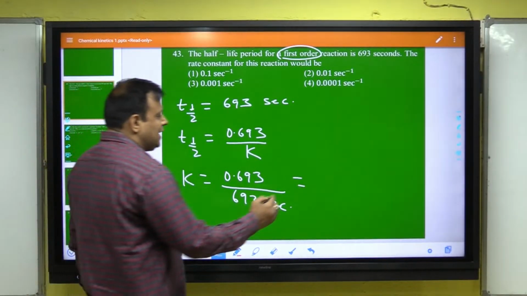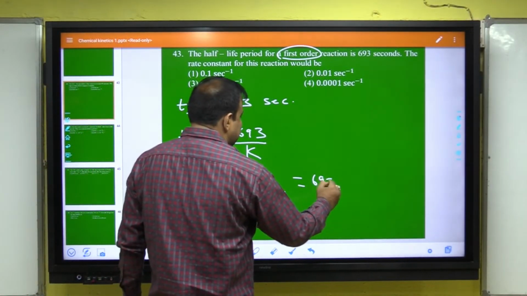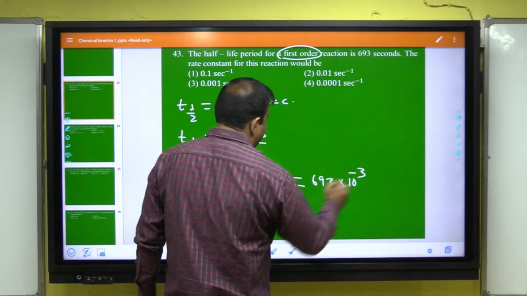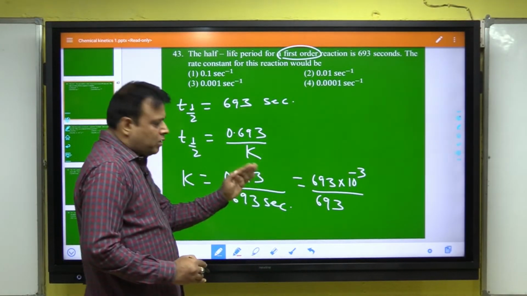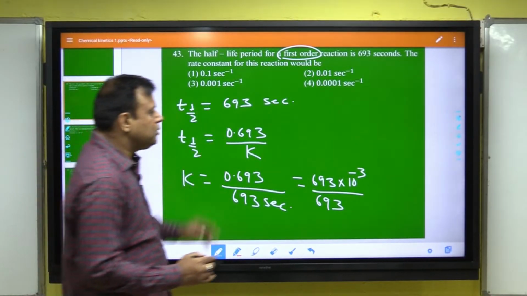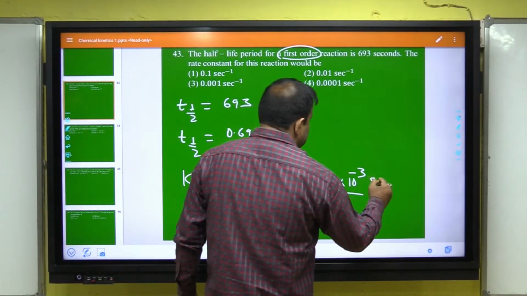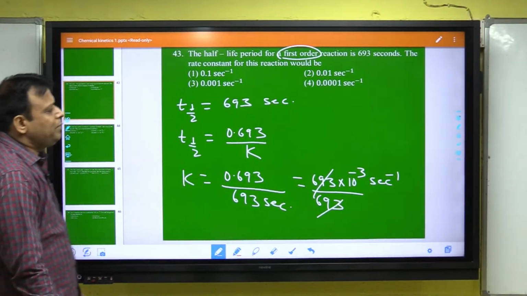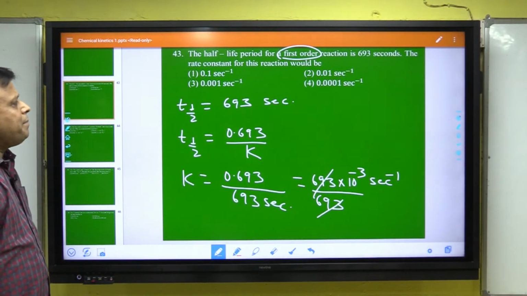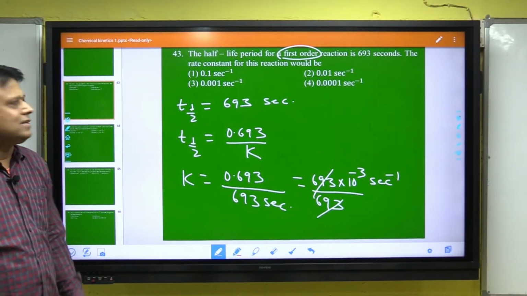Can I write 693 into 10 to the power minus 3 dividing by 693, and when second goes to numerator, then it will be second inverse. Both are cancelled. Answer will be 10 to the power minus 3 second inverse.